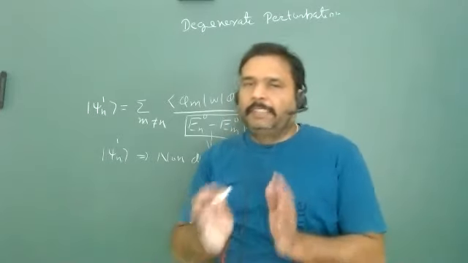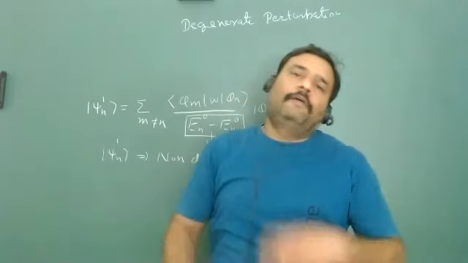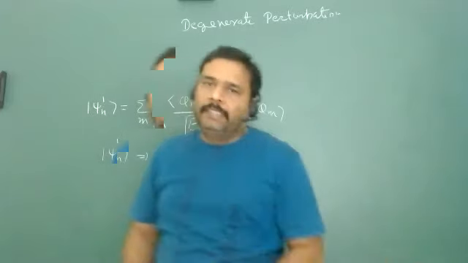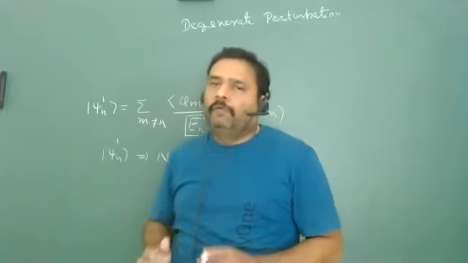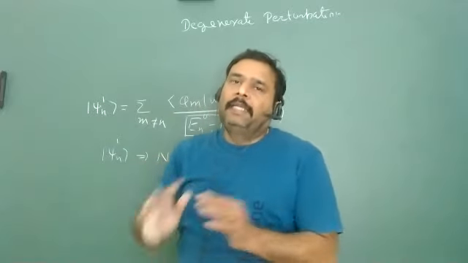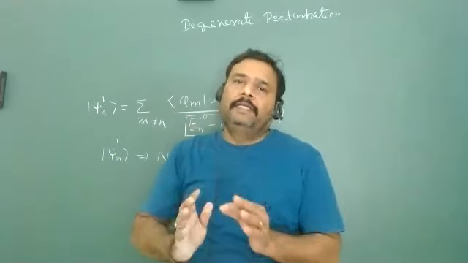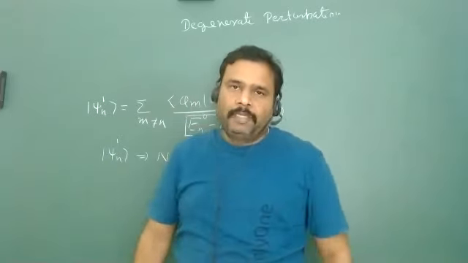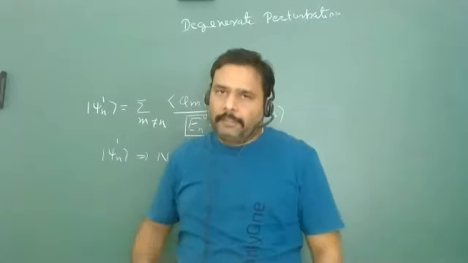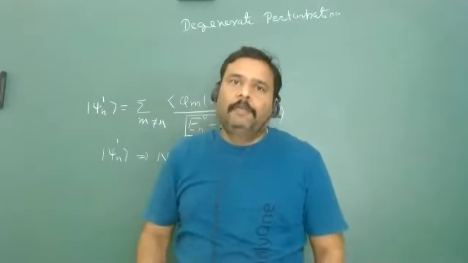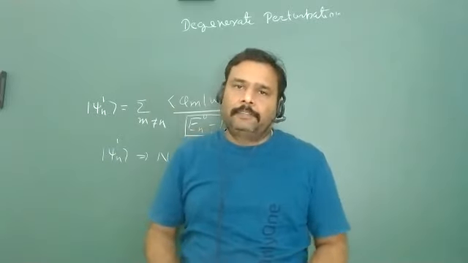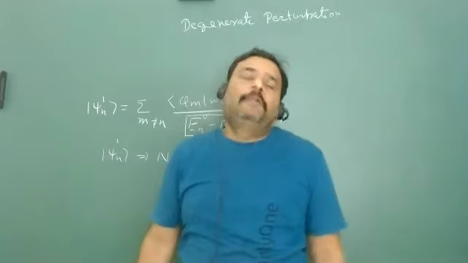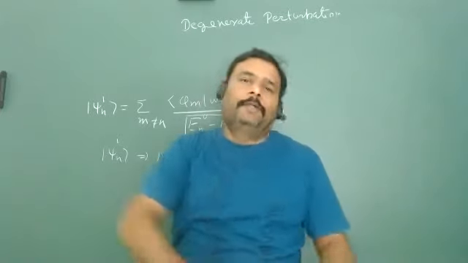So if you have degenerate eigenvalue of H naught, then how will you approach? What we will do, we will just try to write each and everything in a basis in which H naught is diagonalized. And then we will go for the next level, where we will see whether the degeneracy is breaking or not. If degeneracy is not breaking, we cannot do anything. We have to go for the further perturbation.